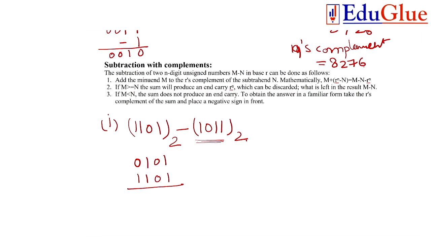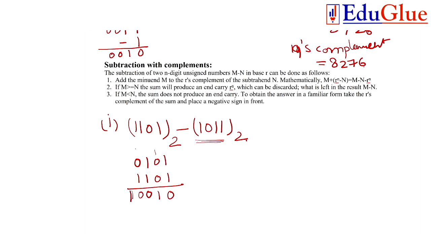Add its complement to this number, that is 1, 1, 0, 1. Let's add. 1 plus 1 is 2 in decimal, but in binary it is going to be 1, 0. So we'll write 0 and carry 1, and when we add, we get 1 over here. Again 1 plus 1 is 1, 0, 0 over here, 1 over here, 1 plus 1 is 1, 0, since 2 is 1, 0 in binary.